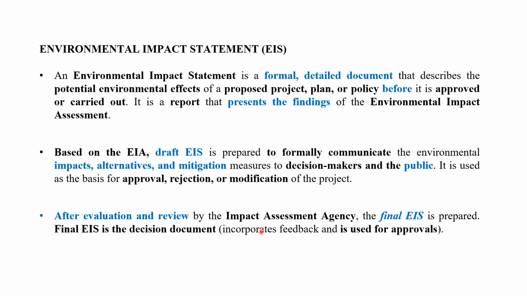Please remember, regarding the assessment agency, normally after preparation of the draft EIS based on the EIA, it is placed in a meeting. In that meeting, the State Pollution Control Board, maybe the Central Pollution Control Board, district administrations, and local people are present to give feedback. Then only the final EIS is prepared.